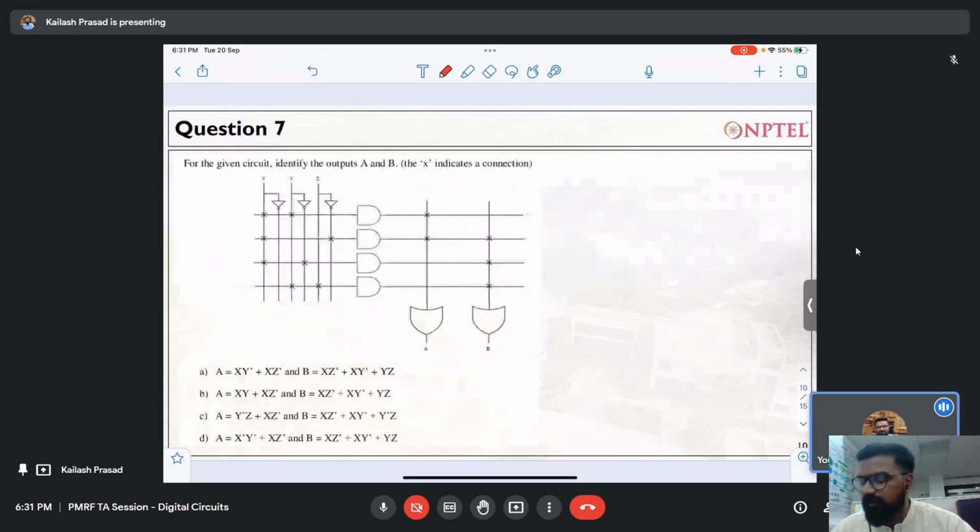Moving to the next question, it's again a very simple one. Anybody wants to give me the expression for A and B? This is an AND gate, and you have to give me the expression. Anyone?